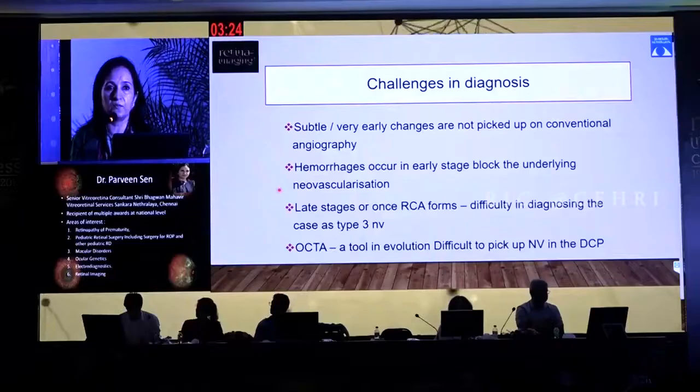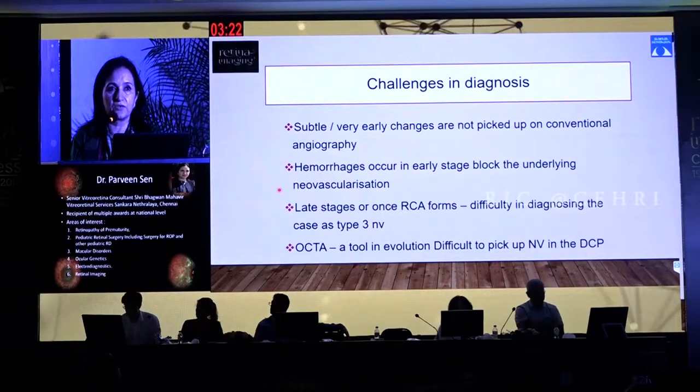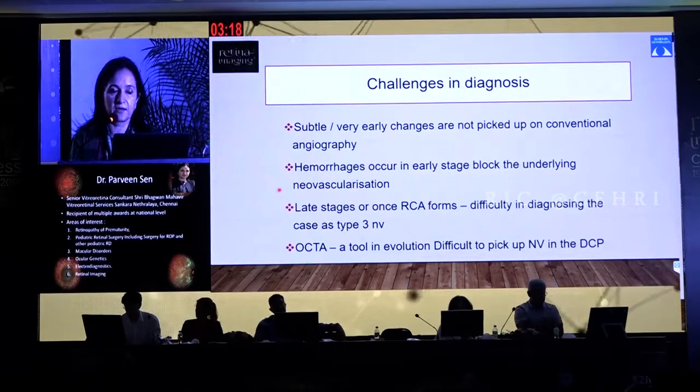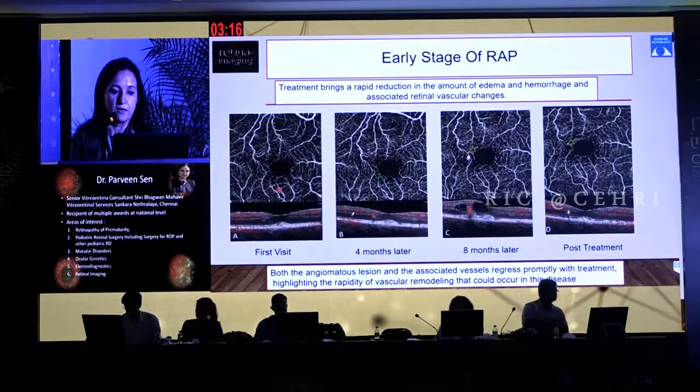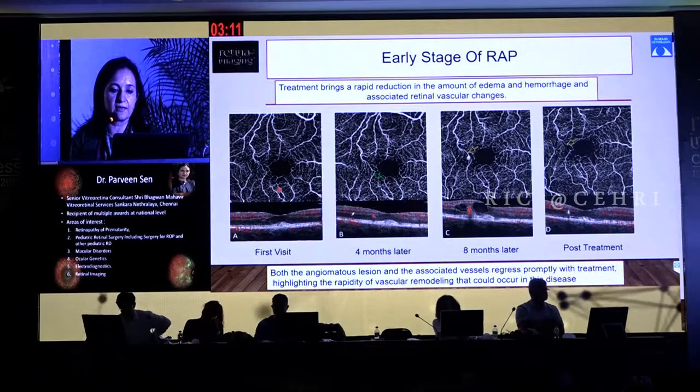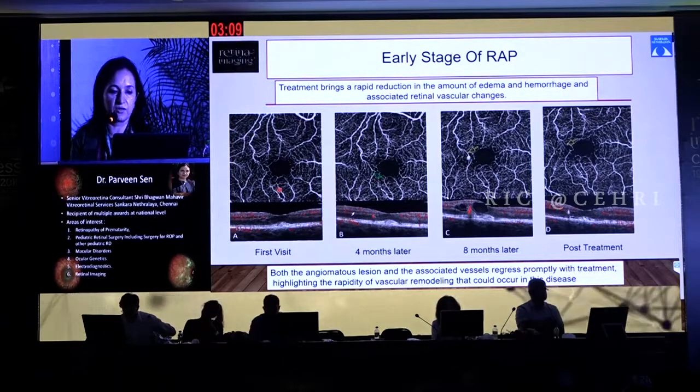So why is it a challenge? Because some of them are very subtle signs in the early stages, and unfortunately once it reaches stage 2 or stage 3, it may become difficult to differentiate it from a typical type 1 CNV. It is important to differentiate it in the early stages, because this is an example that I took from one of the published literature.